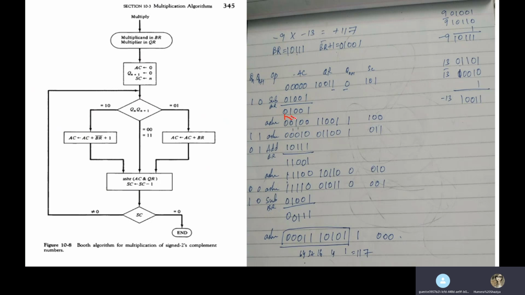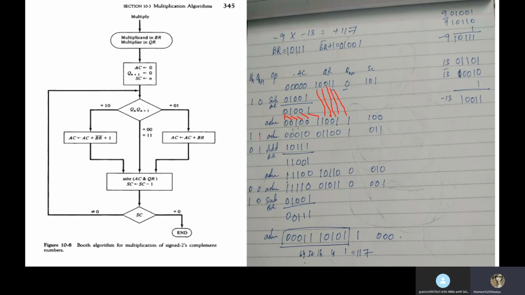This one moves to the right, and so on, until you get the serial out. You perform this shift, and this one is the serial out, which goes into Qn plus 1.